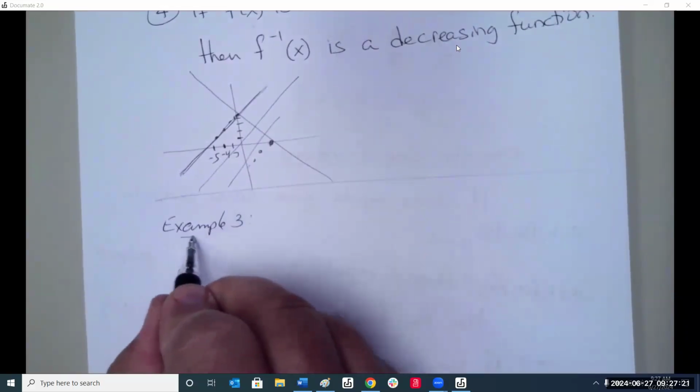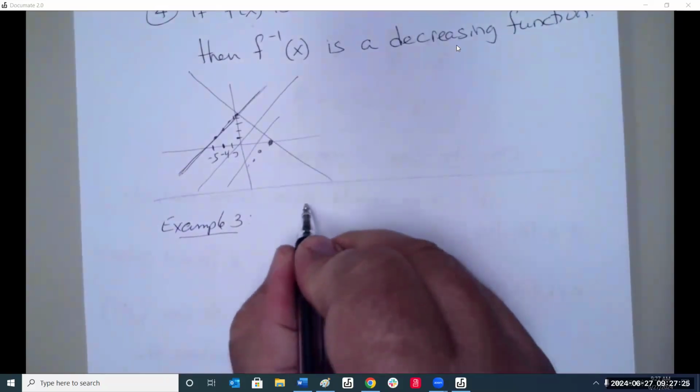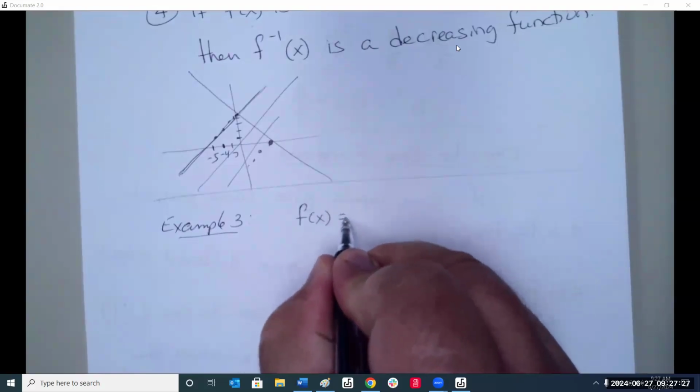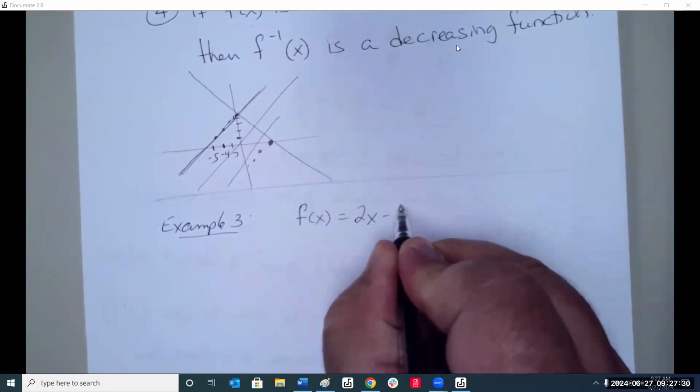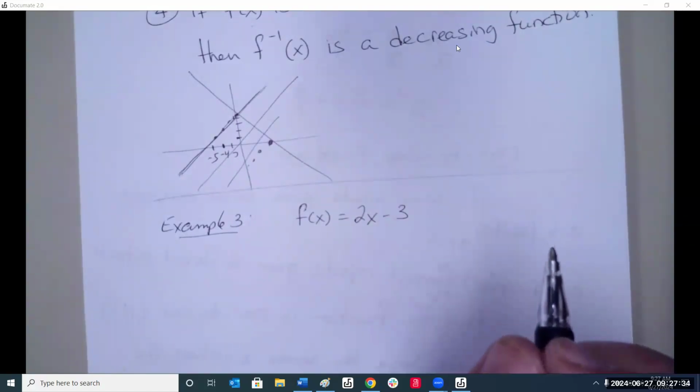Example 3. Given the function f described by f of x equals 2x minus 3, prove that f is 1 to 1.